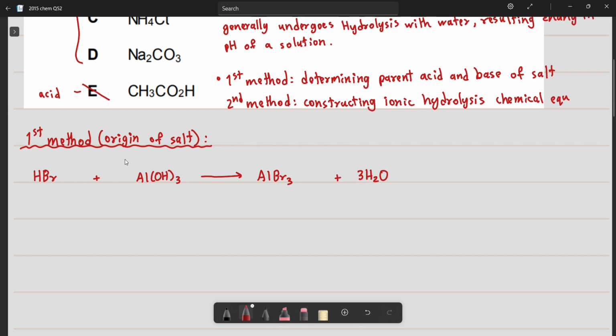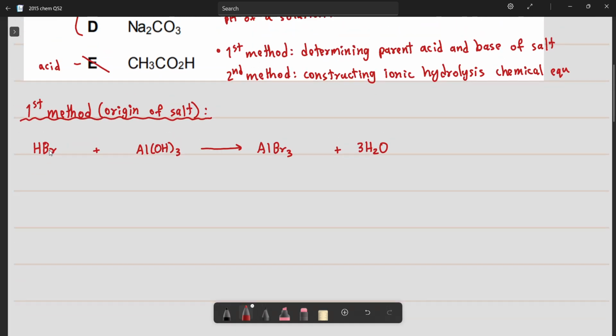Okay, so now we have to determine which is the strong acid or weak acid, and the weak base or strong base. So we have to predict the strength of these species, the acid and base.